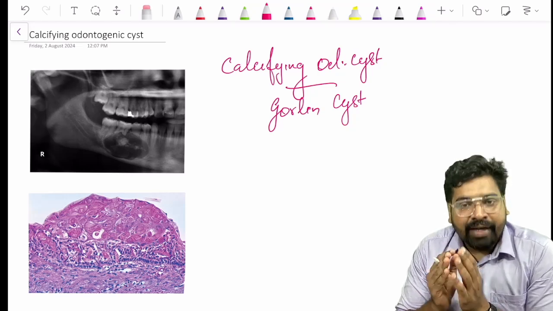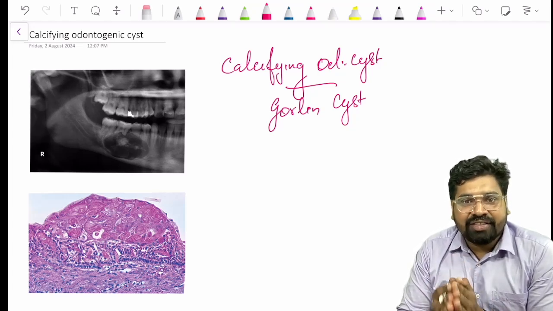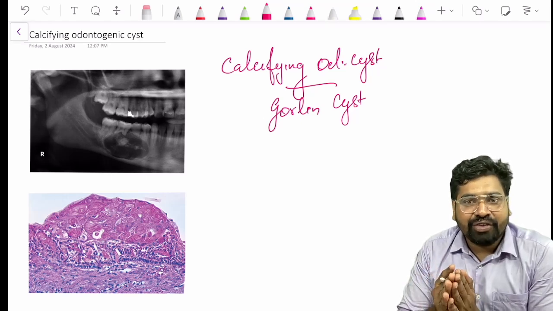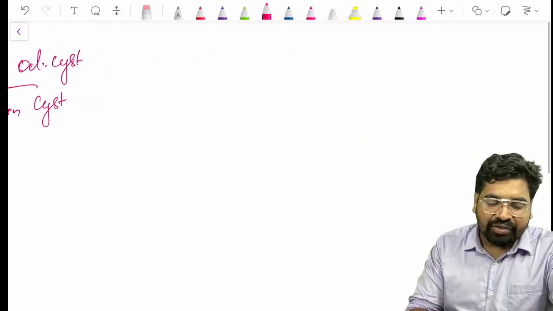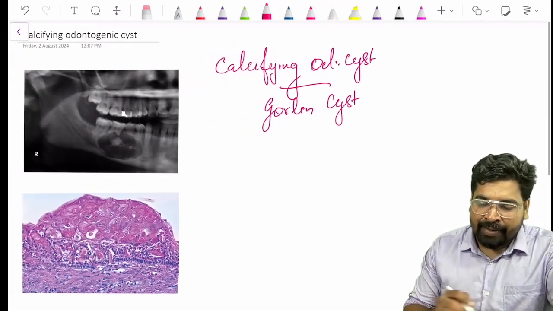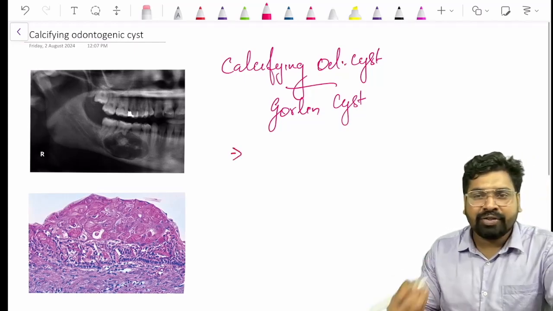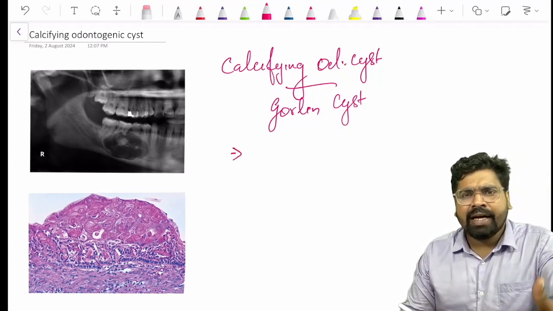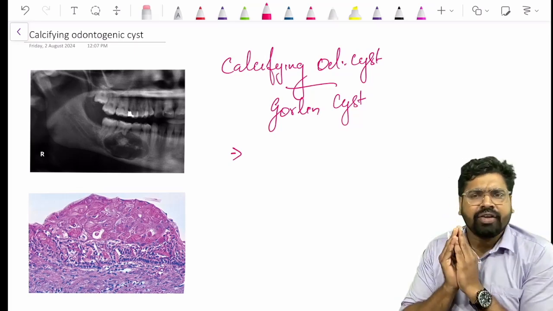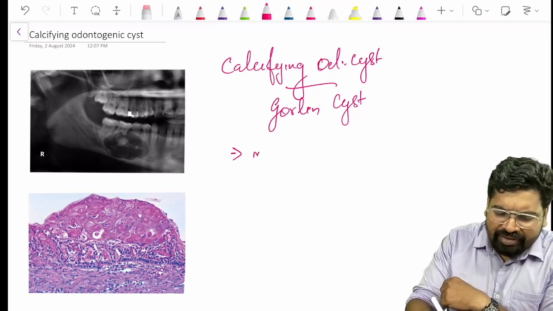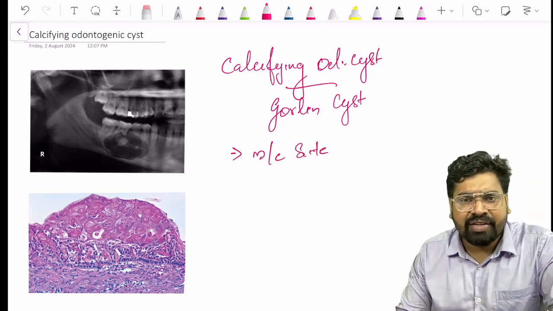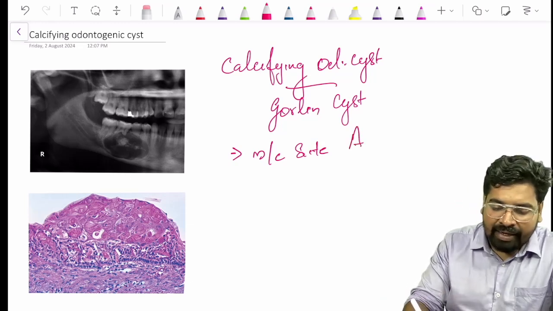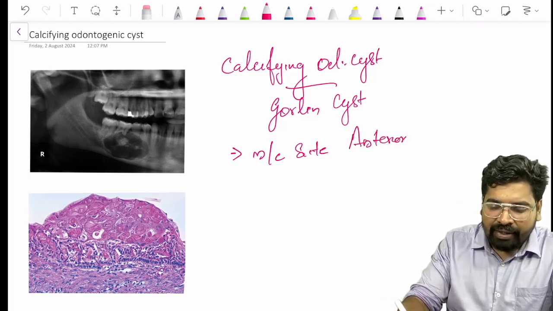So what are the features of calcifying odontogenic cyst? What question can they ask you from this? Calcifying odontogenic cyst or Gorlin cyst is an odontogenic cyst that usually comes in the anterior part of your maxilla. The most common site is the anterior maxilla. See, this is very important.